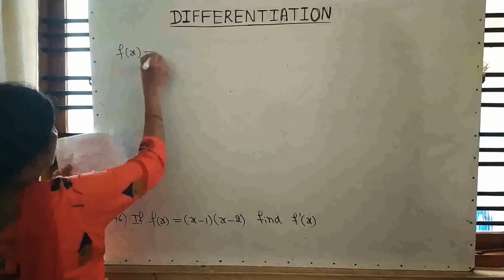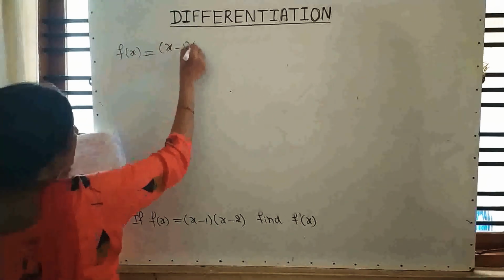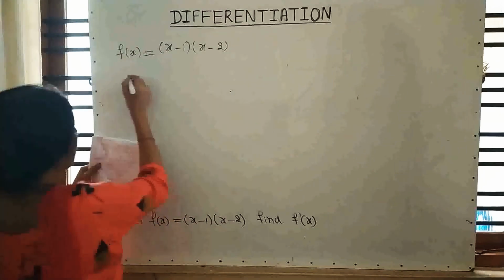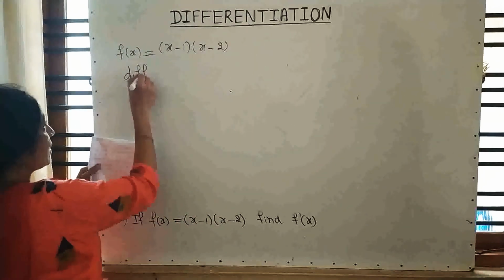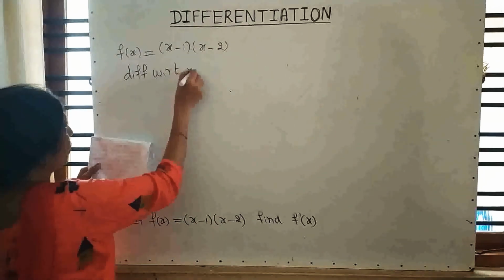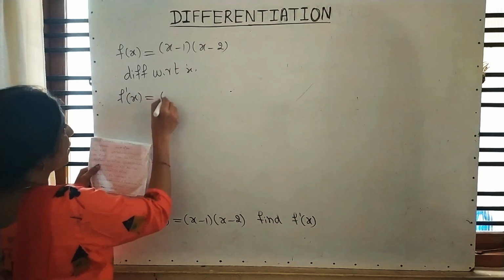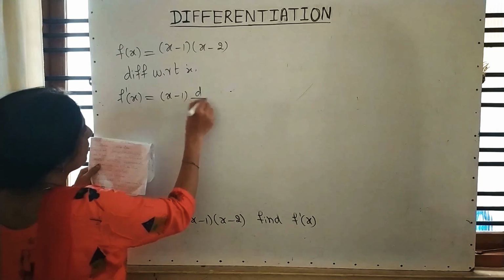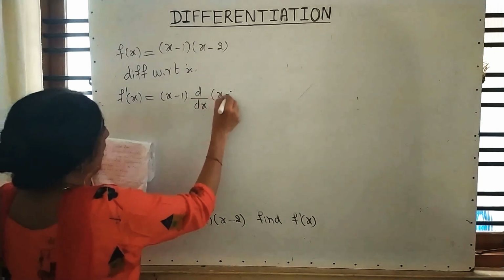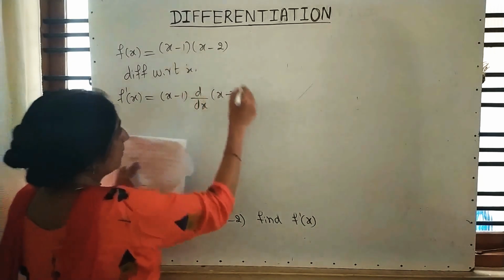F of x is equal to x minus 1, x minus 2. Differentiating with respect to x. It will be written as f dash of x, and I am applying u into v method. If you want, you can write by multiplying the brackets.